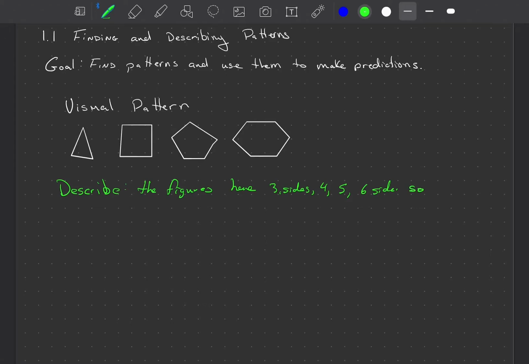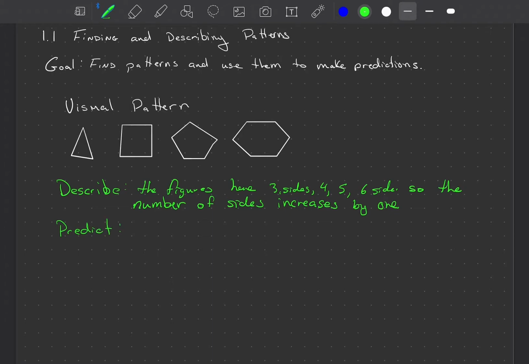So the number of sides increases by 1. So this pattern was pretty obvious, I think, but it's nice to start off with a simple example. And so once that's described, so the number of sides increases by 1, we're going to make a prediction.